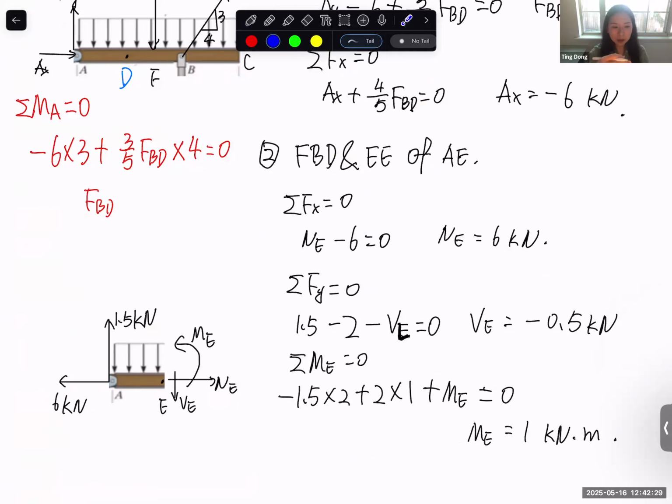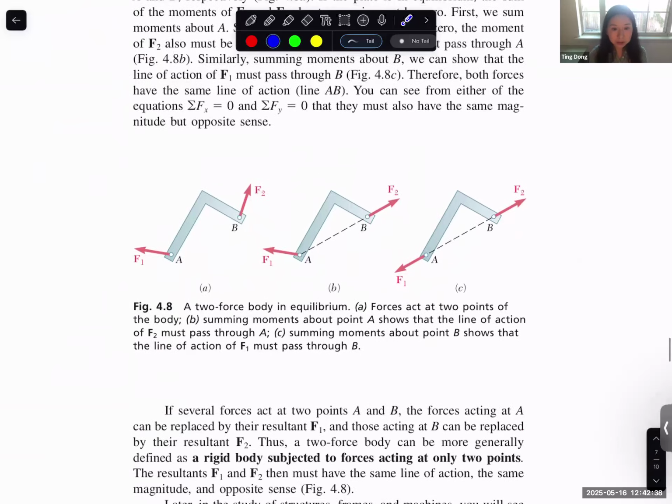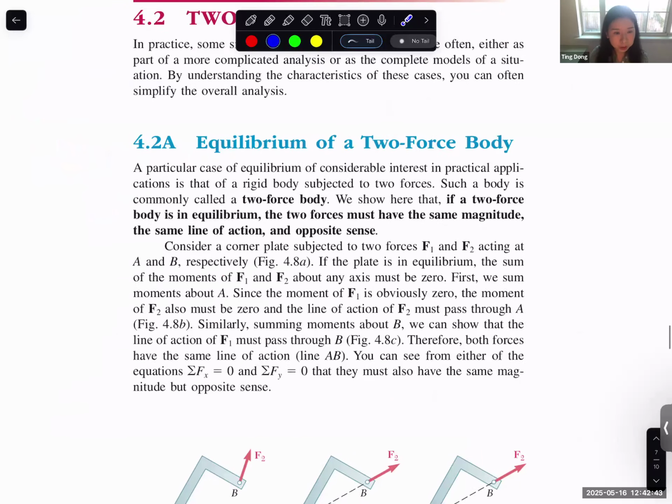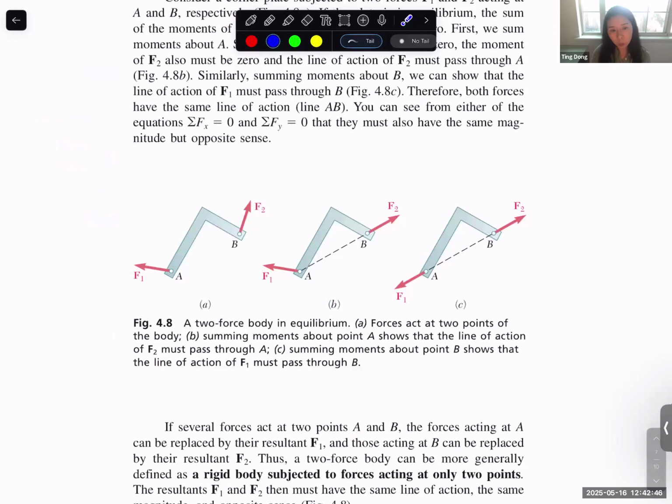I can post a screenshot of statics later to show you that this is consistent with the statics textbook. This is not something new. Also, this is the screenshot from statics about the two force body, and this explains why, for a structure, no matter if it's a straight structure or this L shape or any kind of shape, as long as there are only two forces applied at two ends, the line of action of the two forces should be the connection of these two free ends, in opposite directions.